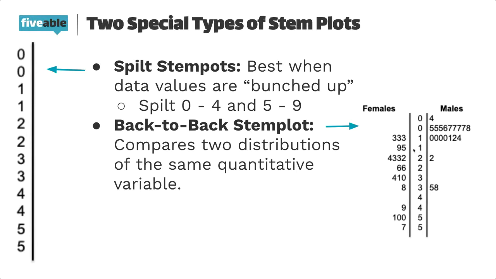So we can clearly see the difference and some key features of the males versus the females when we are describing data. All right, and notice it's still a split stem plot where we have the lower data values on the first one and the higher data values on the second one. Those are stem plots.